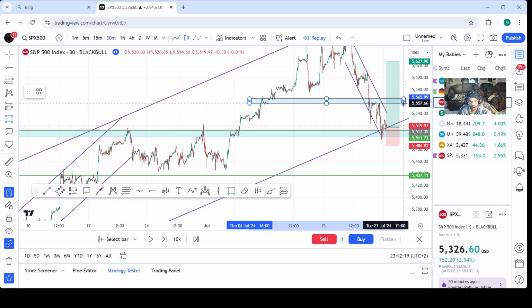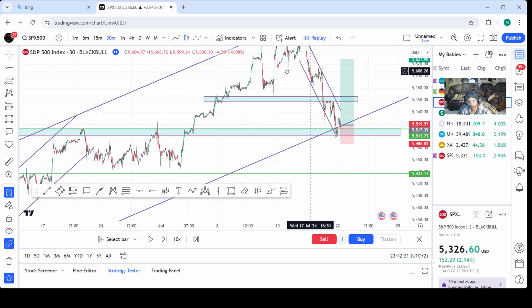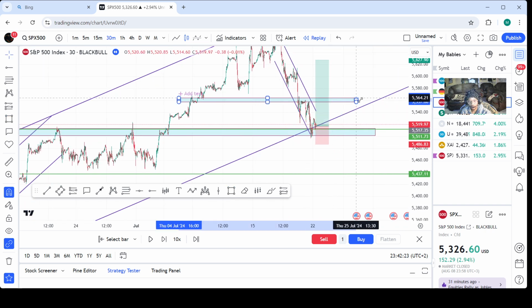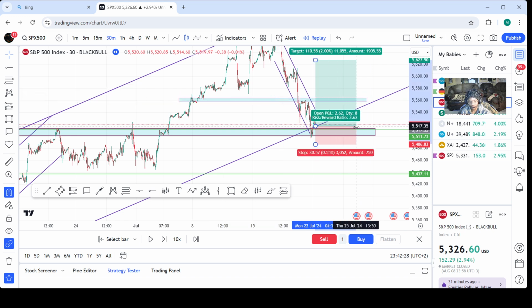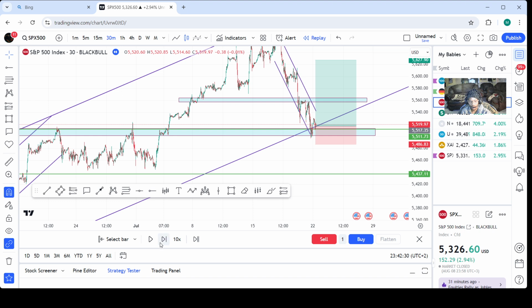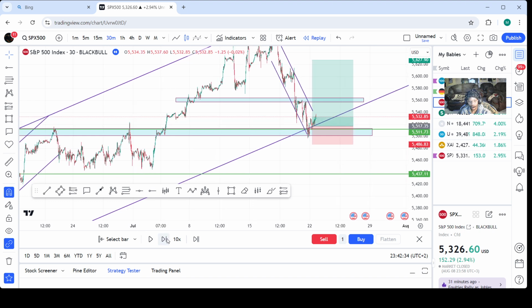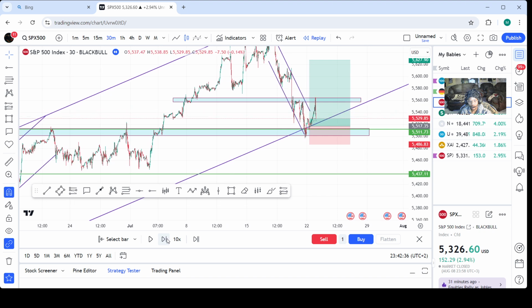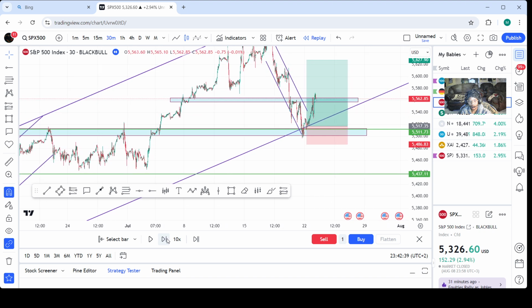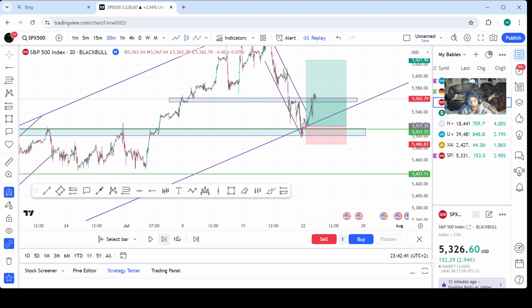So this will be our last official trade for this setup until we continue. So right now we're in deep profits. Even if we do take an L right here, we'll still be in profit. So let's just see what the market does. There we go.